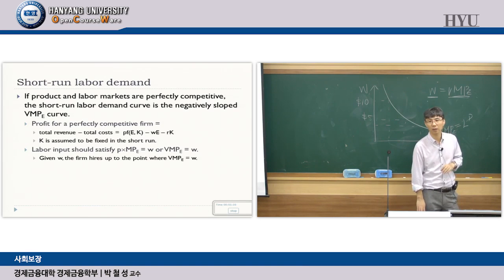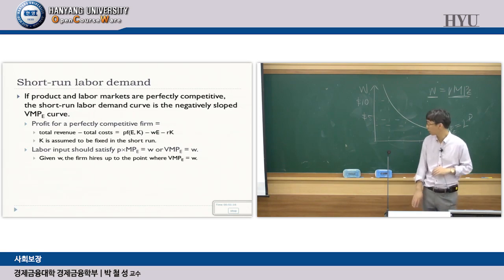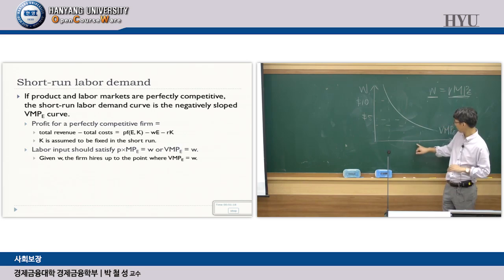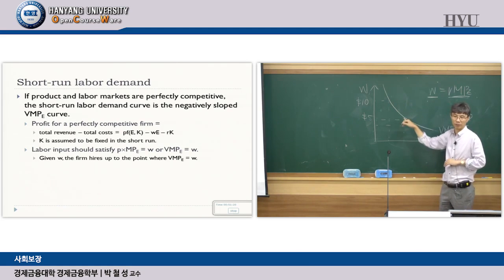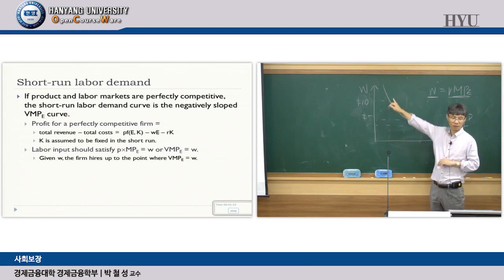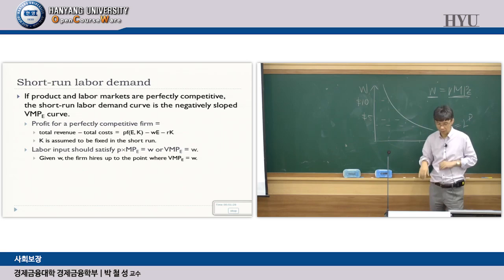And the labor demand curve is negatively sloped because marginal product of labor is negatively sloped, meaning that when you have more inputs, marginal product of labor is decreasing. And since the VMP curve is the labor demand curve, it must be decreasing and negatively sloped.